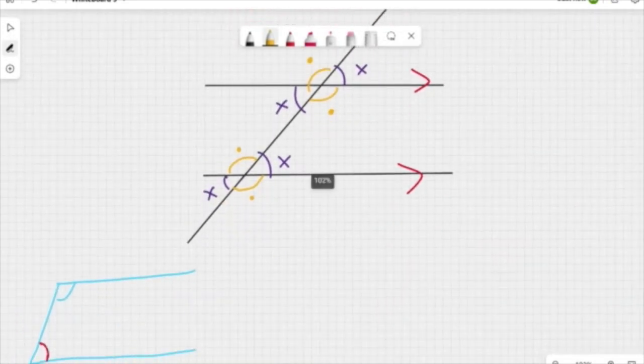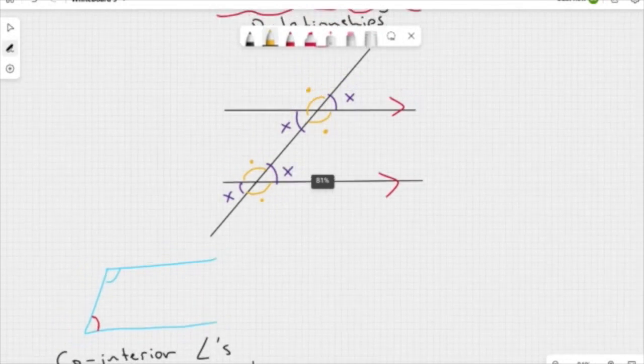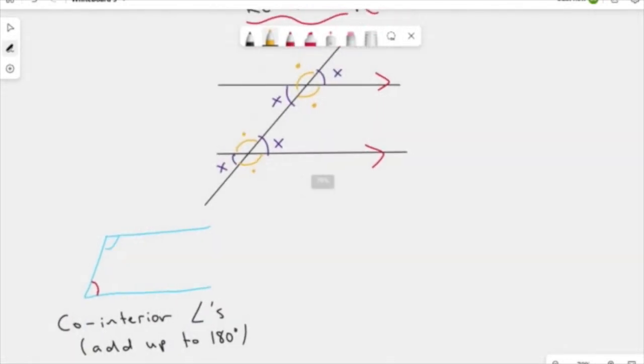So I'm going to have to zoom this out quite a bit just so you see the full picture. Now, what other observations can we make? Well, okay, this angle and this angle are equal, the same as this angle and this angle.